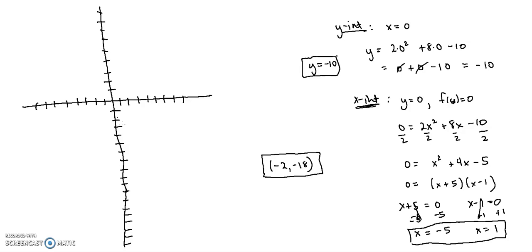Okay, whoa, all the way down there. All right, negative 2, negative 18, down there. Our y-intercept is negative 10, right there. And our x-intercepts are positive 1 and negative 5.